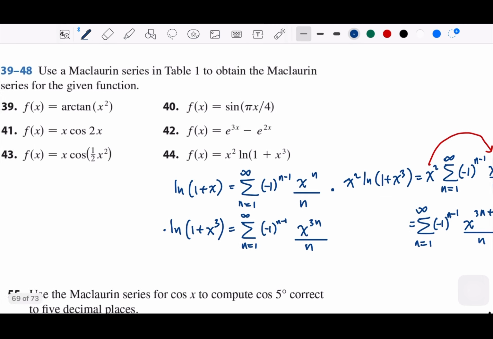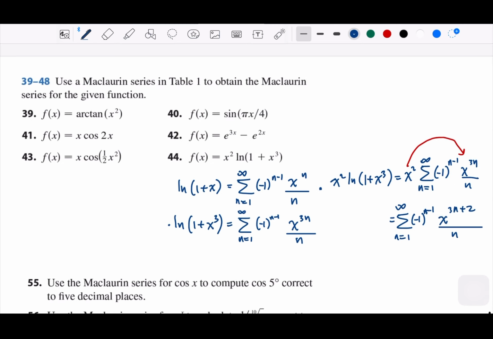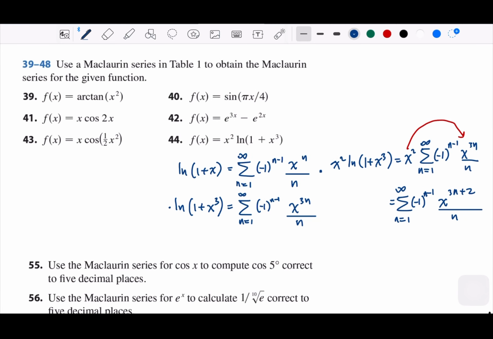You may try the other function as well. I will focus on the next type of questions. You can try the other one. Maybe try sine(pi x over 4).